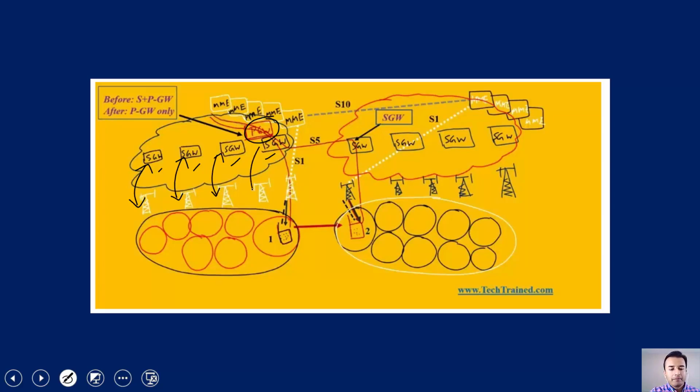So we have, let's say, 5 eNodeBs and there are 4 SGWs in one pool. Similarly, there are almost the same number of SGWs as eNodeBs, but there are not many additional PGWs. So again, as I said, it depends on the size of the network, but more generally it is recommended to have almost the same number of SGWs as PGWs.